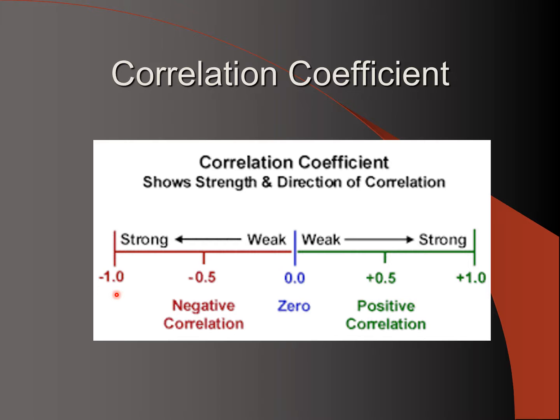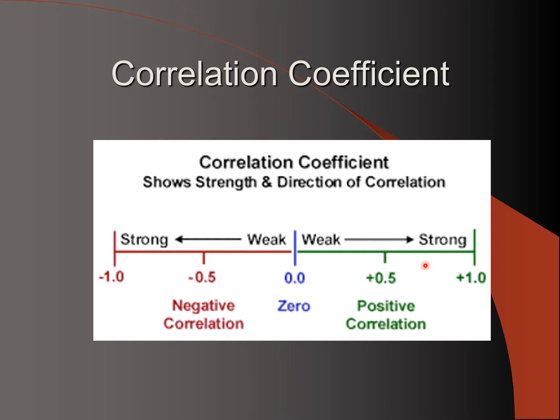They're not going to be a perfect positive one or a perfect negative one. And so you can have correlations that run anywhere in between. They just can't go outside the bounds of positive or negative 1. So if we have a correlation coefficient of 0.5 or greater, we still consider that a strong positive correlation, but it's not perfect.